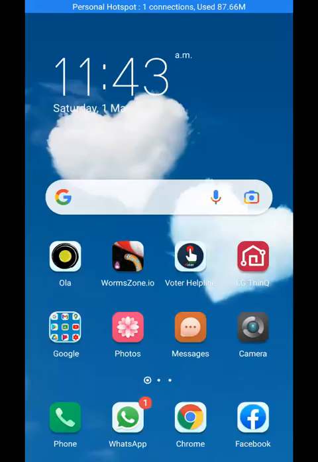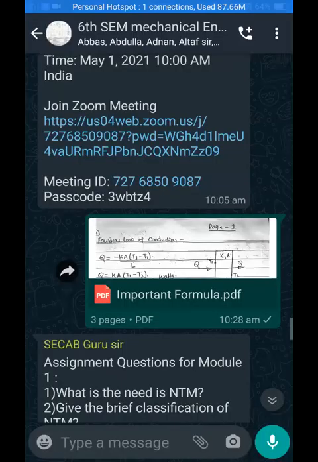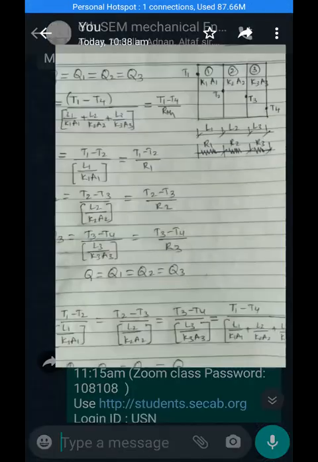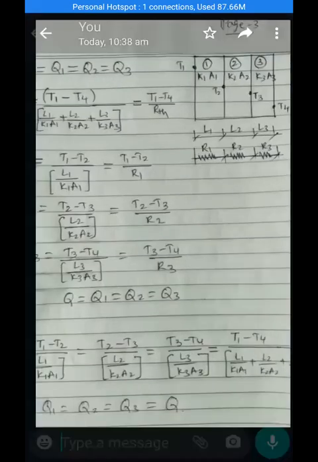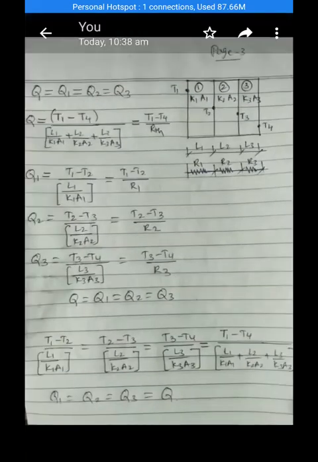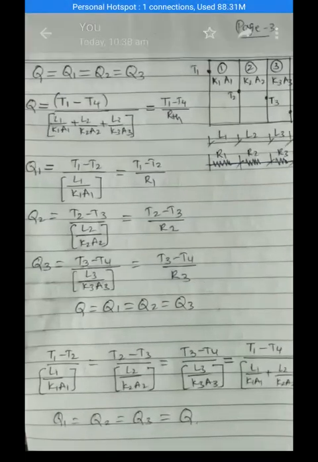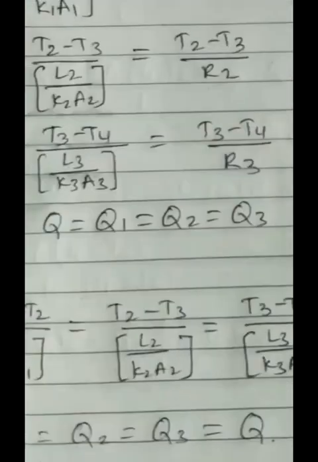I will try to modify it here. You can see I have written one more equation. Till now you have seen that Q is equal to Q1 is equal to Q2 is equal to Q3.